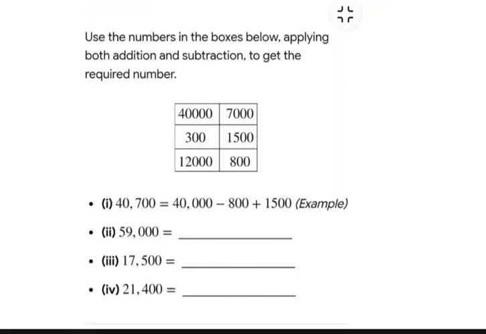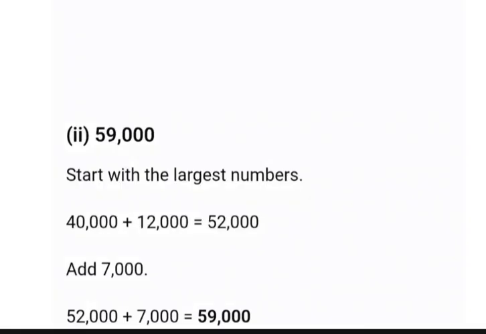As per the rule, we can take the number 40,000 also here, because it is nearest to the greatest single number available in our box. So 40,000. Then we can take 12,000. So the answer is 52,000. Our target number is 59,000.